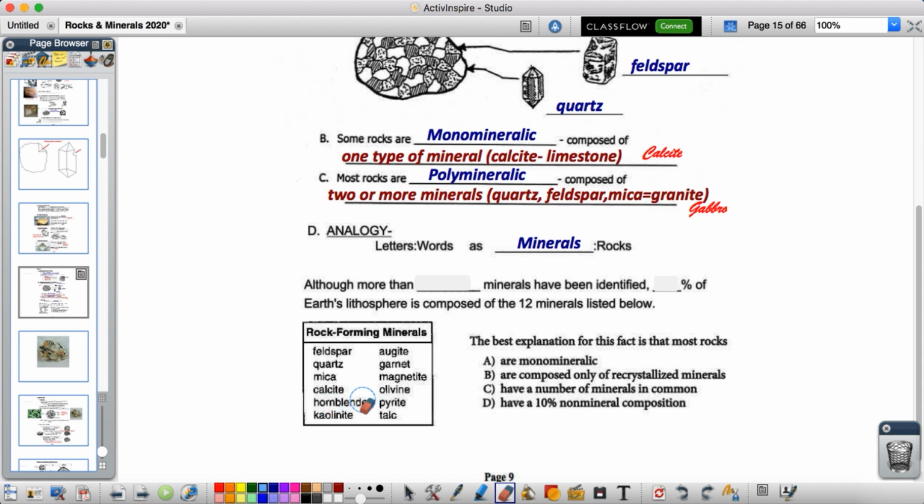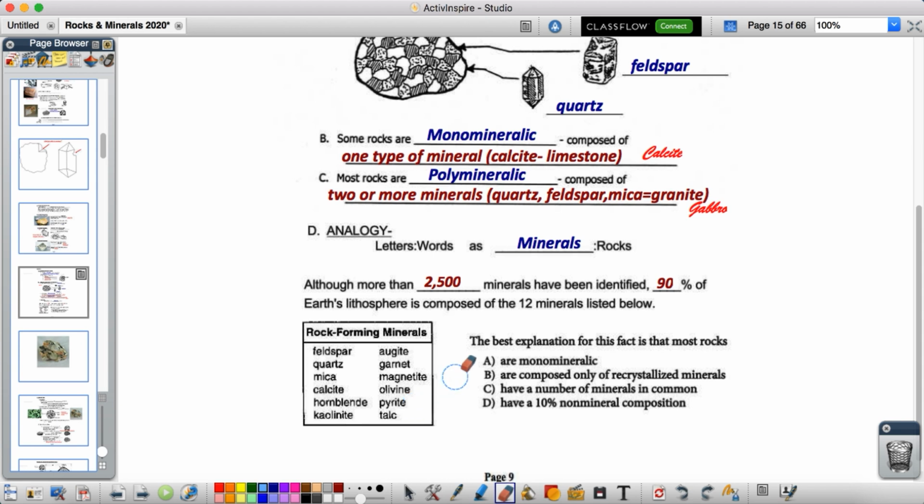We have identified in nature, in the universe, at least 2,500 different minerals. However, these right here are the minerals that make up almost all the rocks you'll ever encounter. So like 95% of all the rocks out there, or 90% of all the rocks out there, are composed of just these 12 minerals.